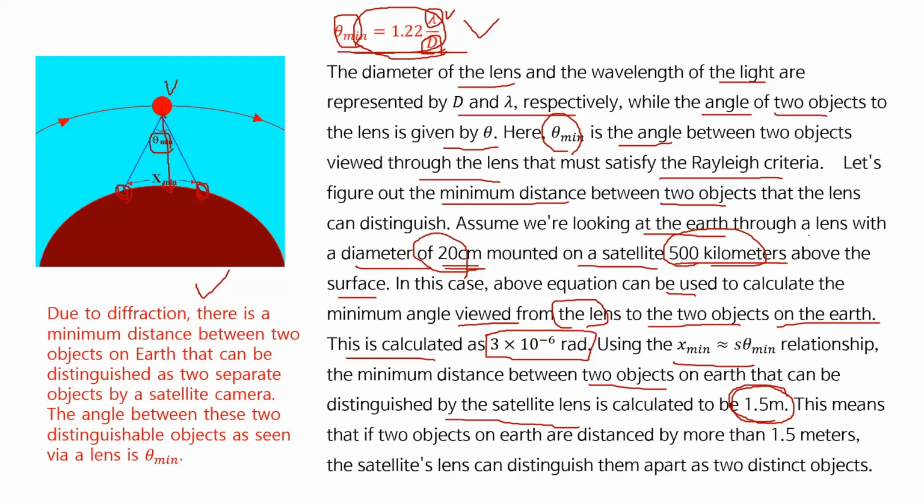This means that if two objects on Earth are separated by more than 1.5 meters, the satellite lens can distinguish them as two distinct objects. On the other hand, if two objects are closer than 1.5 meters, then the lens on the satellite cannot distinguish the two objects.